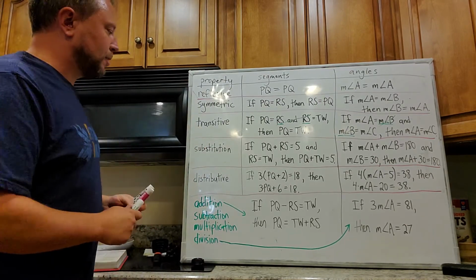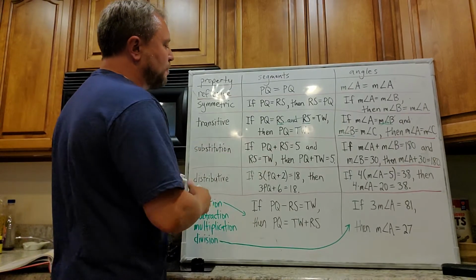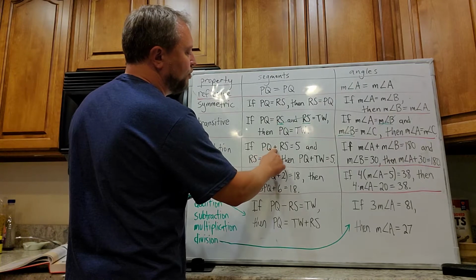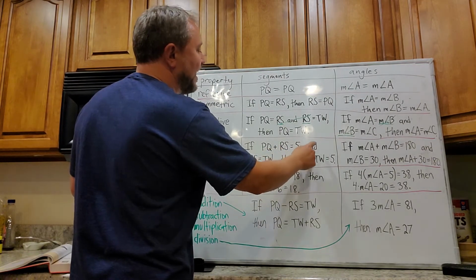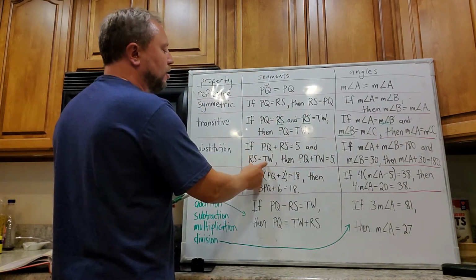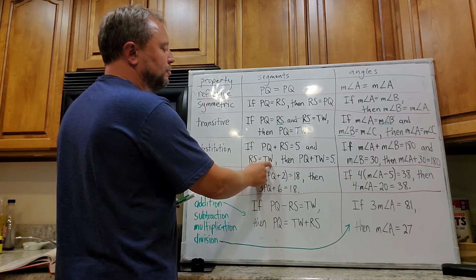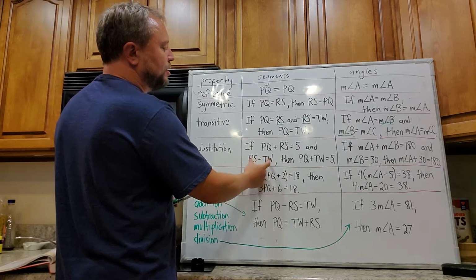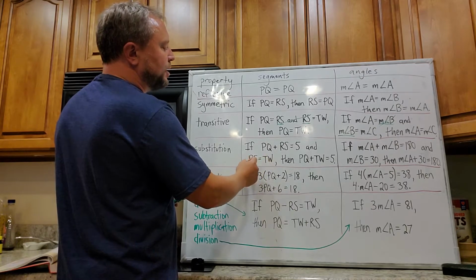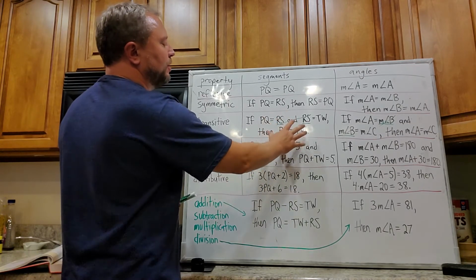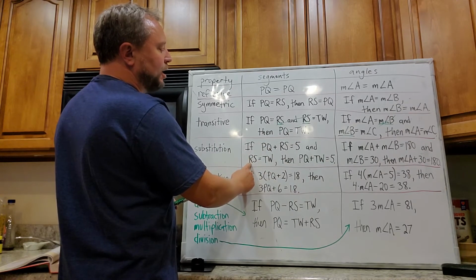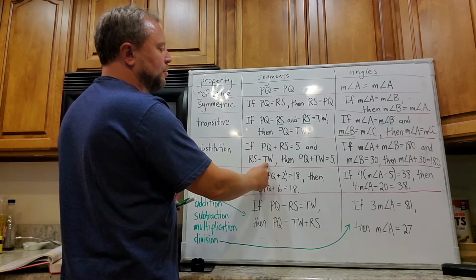So see in this statement, I've got if I knew that segment PQ plus segment RS equals 5, and if I knew that RS equals TW. That's the important part. Here's my statement. I've got two things equal. So that means that anywhere up above, anywhere I see any RS's, I can replace them with TW's.